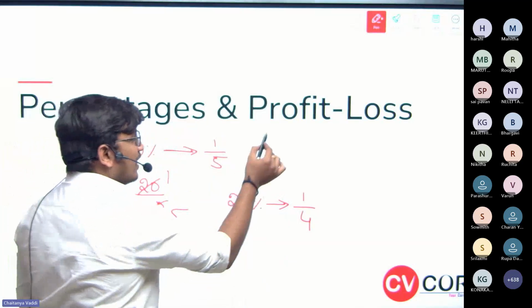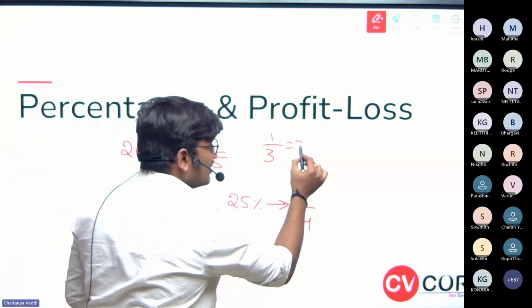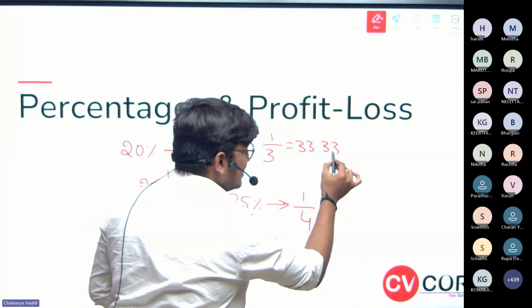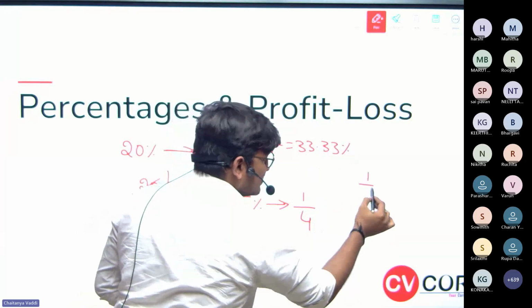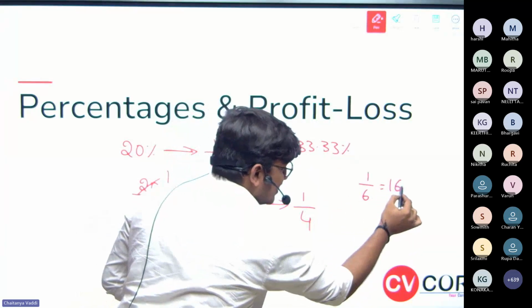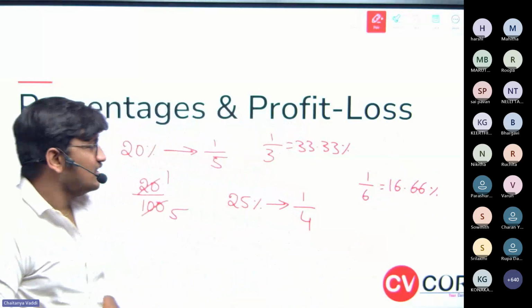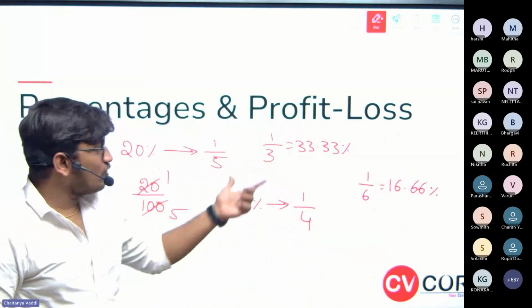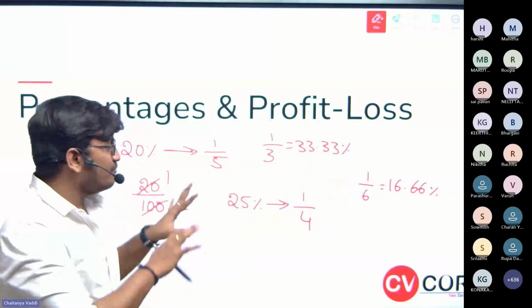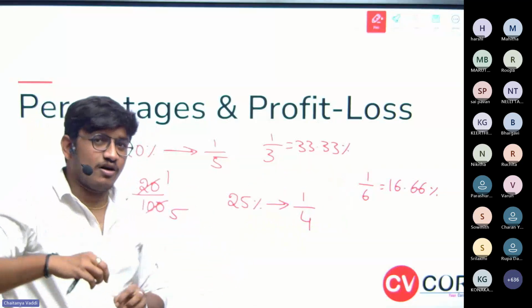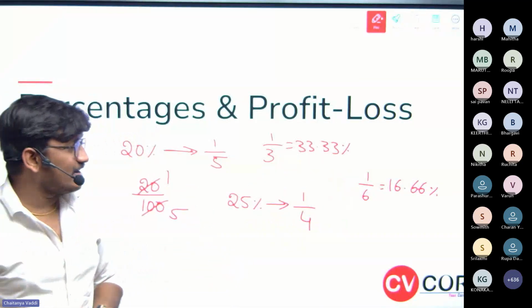Now 1 by 3 means 33.33%. 1 by 6 means 16.66%. So 1 by 5, 1 by 4, 1 by 3, 1 by 6, these are the basic standard conversions, and there are a few more things, as I said in the earlier class.